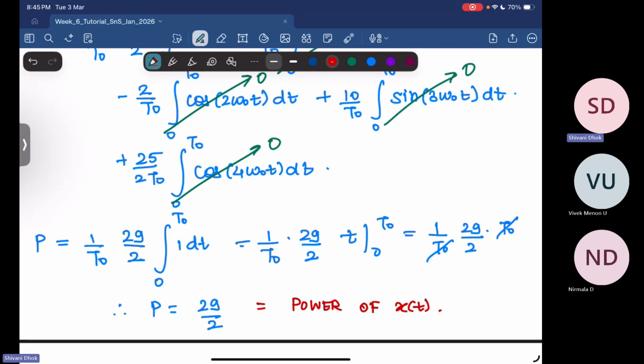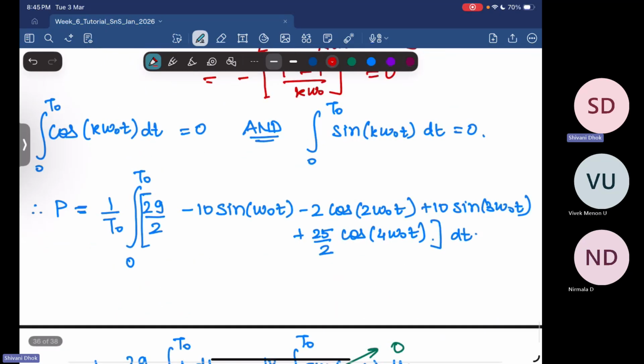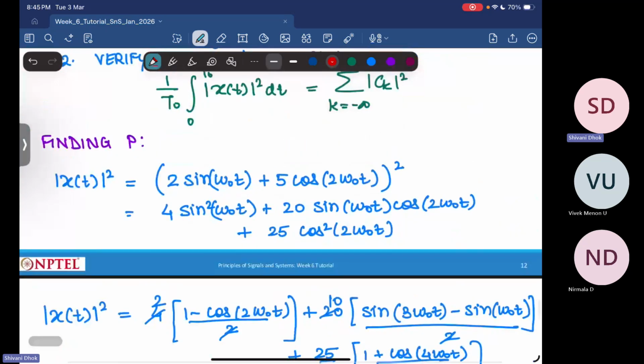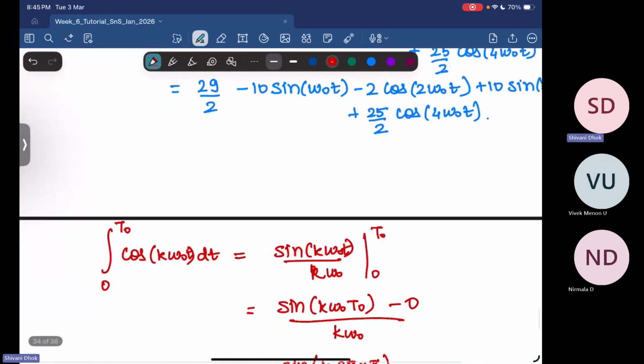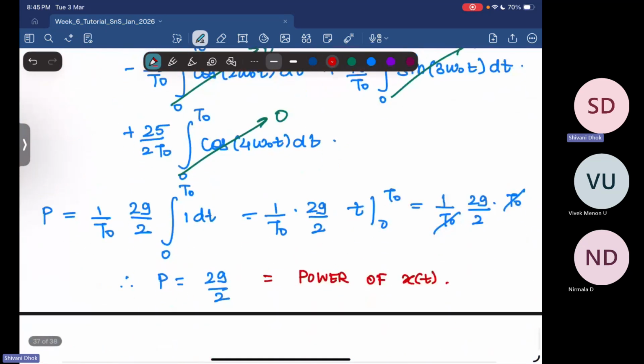Okay, till this point, is it clear? This was part 1 of the question. So we found out the power. Now what remains is validating Parseval's theorem. So part 1 is done. Now let's move on to the second part.